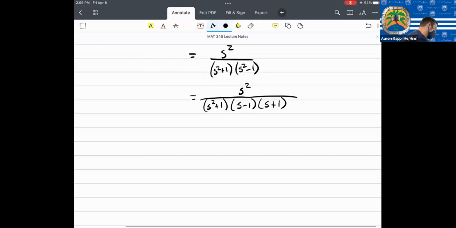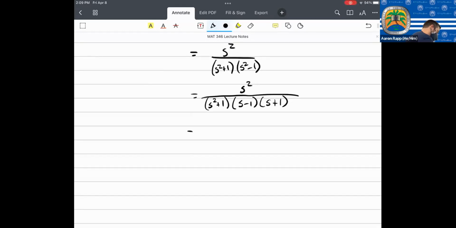So we want to break up this entire fraction into something divided by s squared plus 1, plus something divided by s minus 1, plus something divided by s plus 1. Now, what is going to go in that first numerator above s squared plus 1?